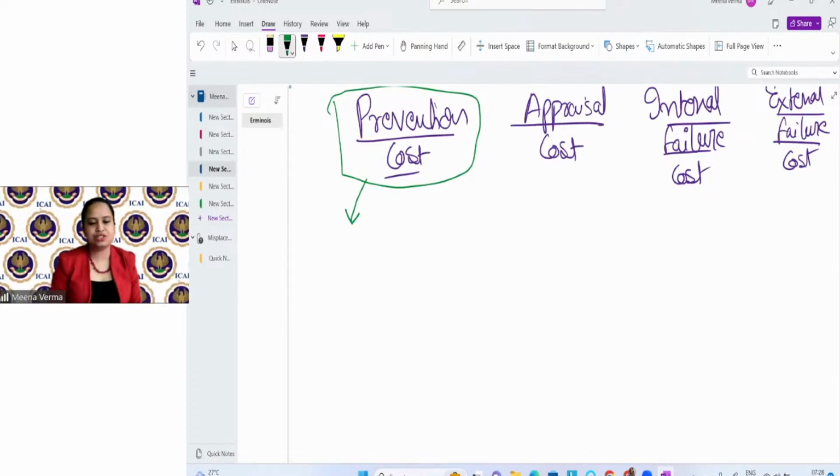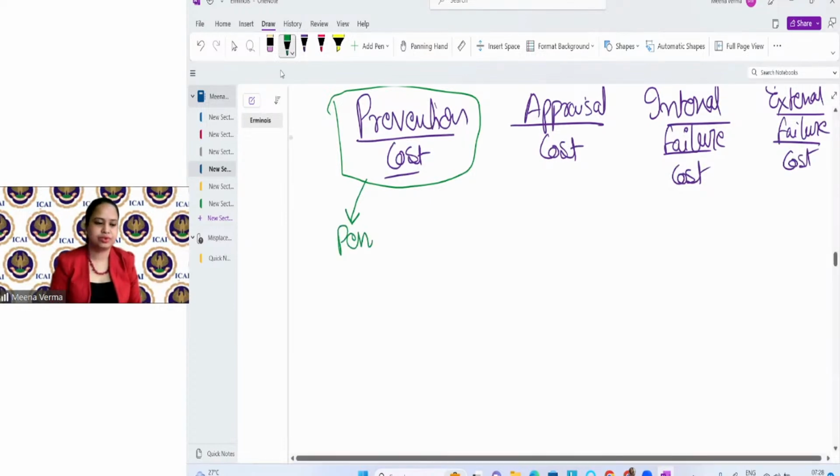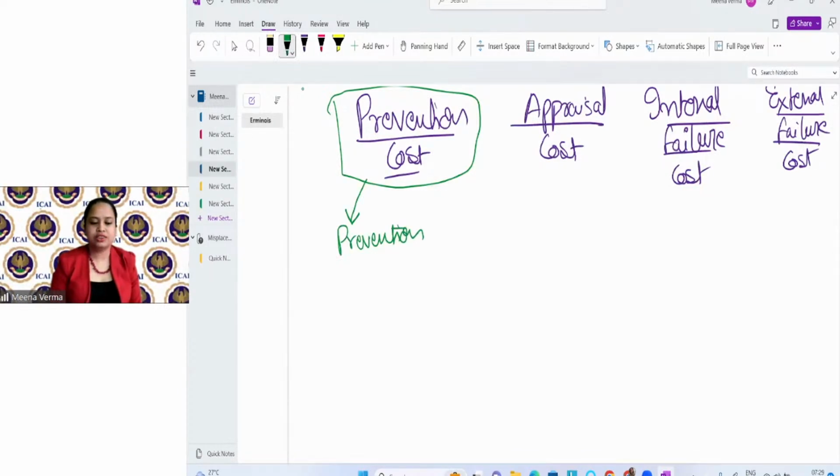These companies or industries have taken enough prevention to ensure that they are not releasing any kind of waste.